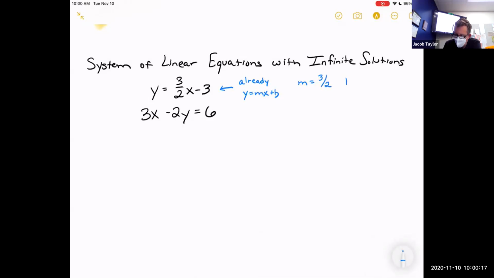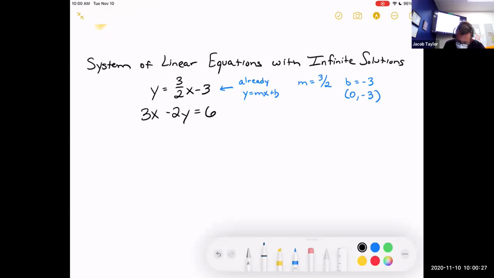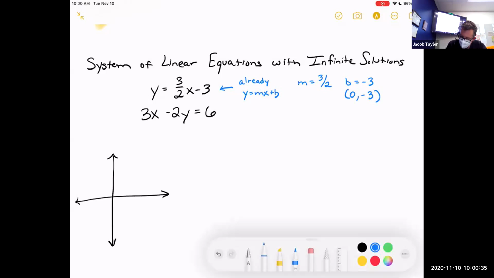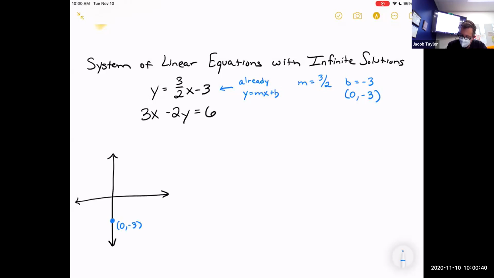The b value is -3. Very good. Which means the y-intercept is 0, -3. Okay, so let's do my sketch. 0, -3, I'm going to put about right there. Slope of 3/2 means up 3 and over 2, which is going to put that point at 2, 0.